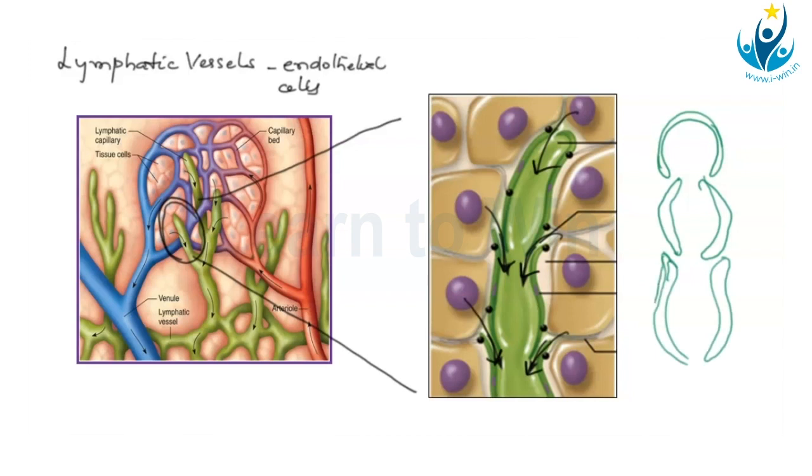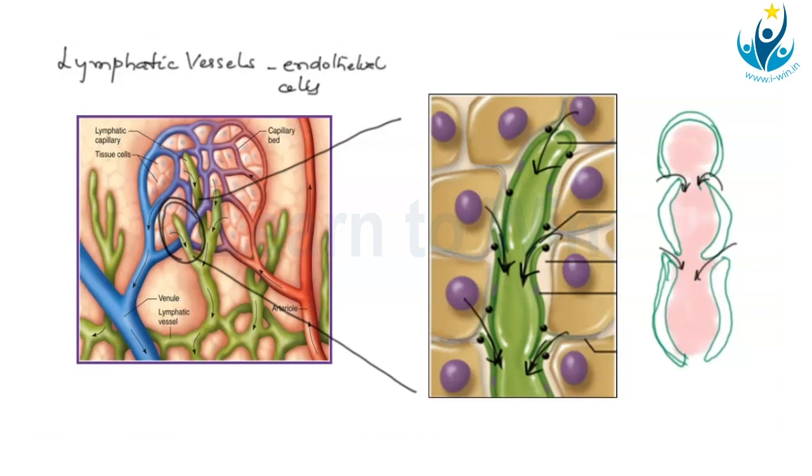So these are the endothelial cells, and can you see there is a considerable gap present? Through this gap the lymph fluid will enter, and slowly it will fill the whole thing. So I'm going to fill the whole thing with lymph fluid. Slowly the lymph has come inside.